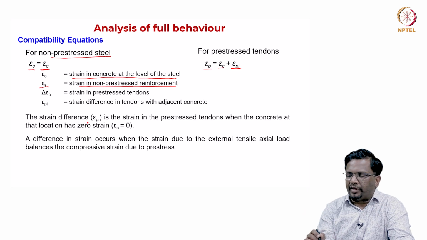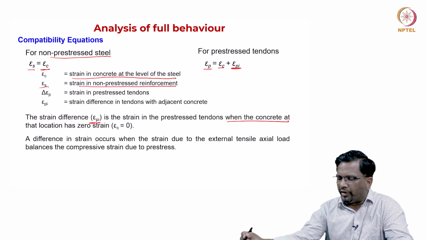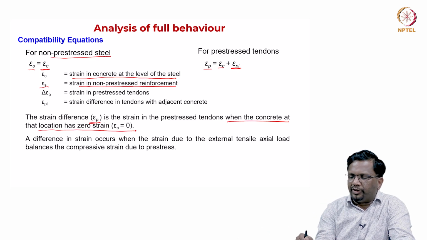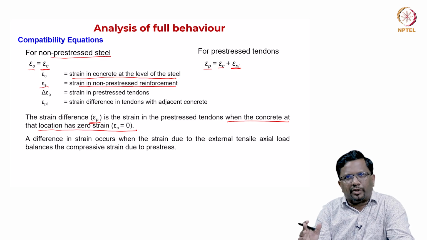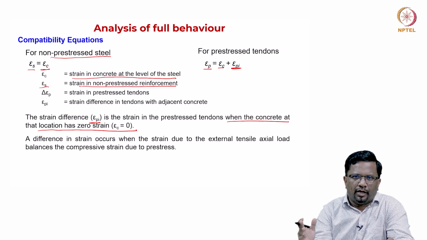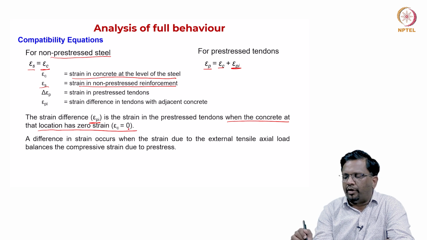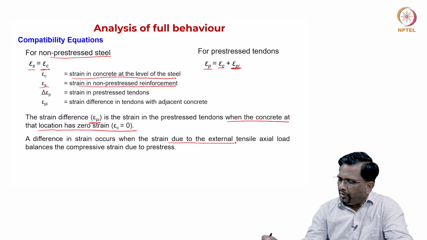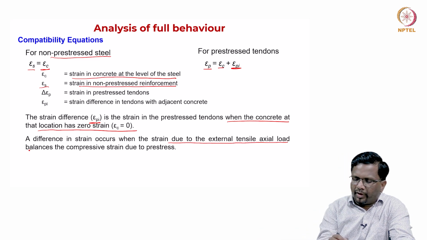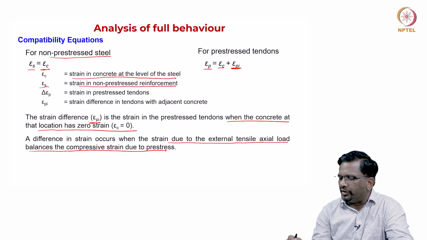You see here the strain difference epsilon pi is the initial strain in the pre-stressing tendons when the concrete at that location has a 0 strain. That means epsilon c is 0, but sometimes due to the application of pre-stress, epsilon c will not be always 0. So, a difference in strain occurs when the strain due to the external tensile axial load balances the compressive strain due to pre-stress.